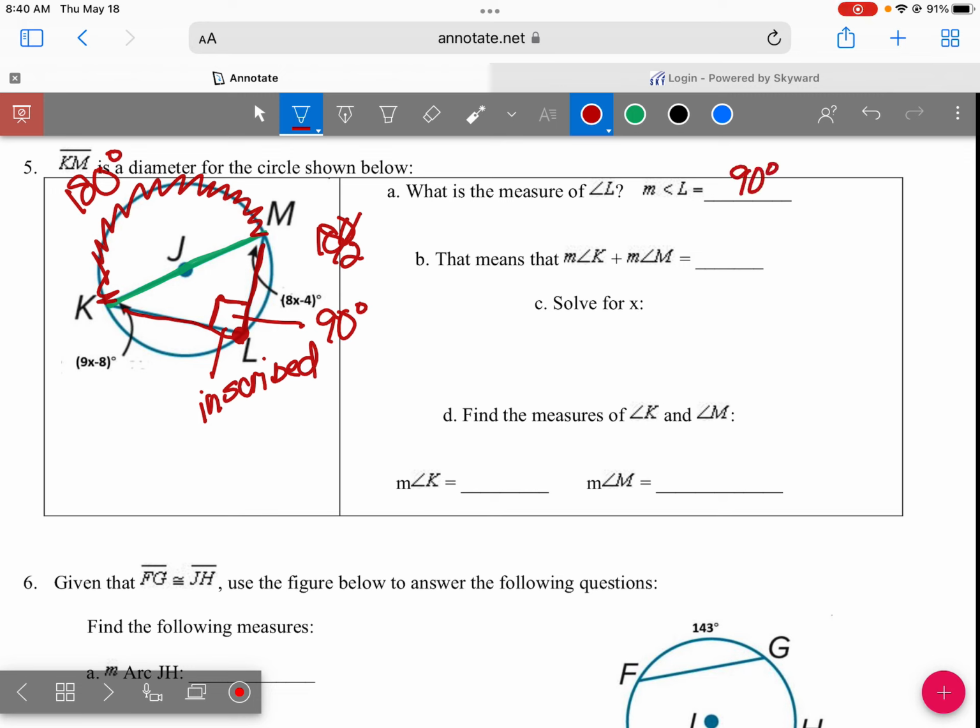Now, this means that angle K right here and the measure of angle M added together are going to equal how much? Before you answer, what do we know about the number of degrees in a triangle?